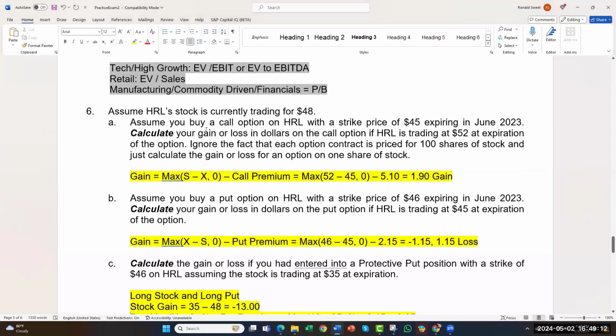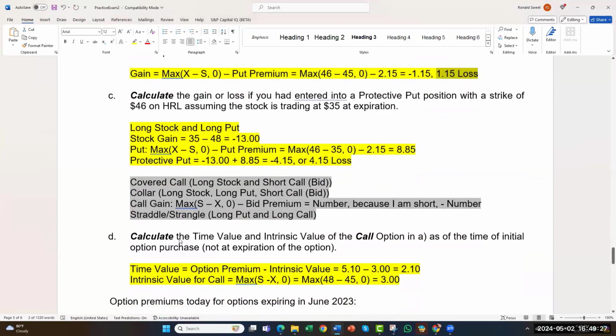If we had done a straddle up here, I don't know if this would have worked as a straddle, but essentially you got $1.90 minus $1.15. Yes. It probably doesn't work because I think the expirations are different, and the closing prices are different. But if that was the case, it would have been 190 minus 115, and whatever that answer is would have been your loss or gain.